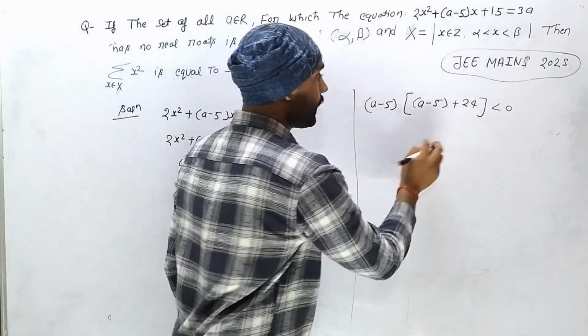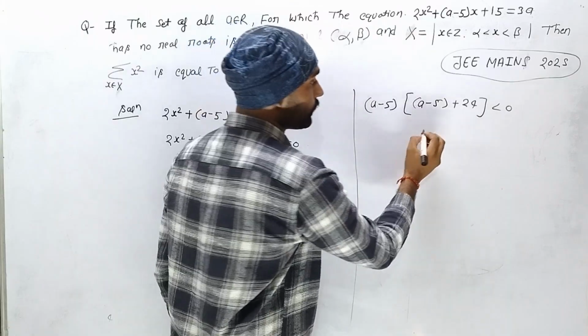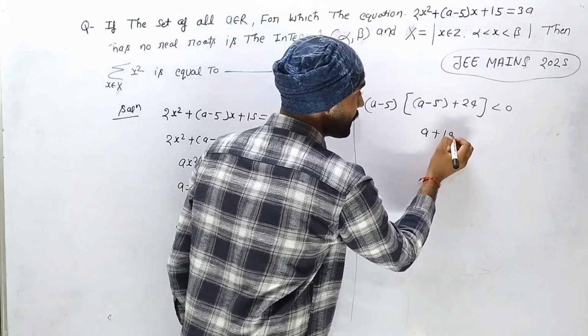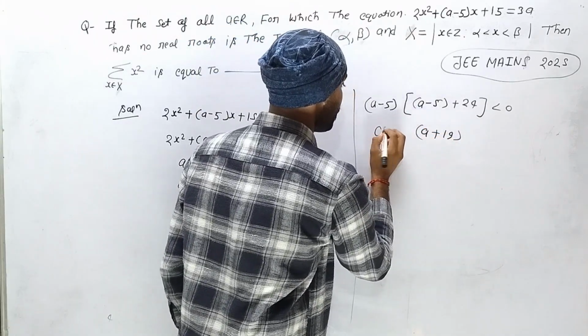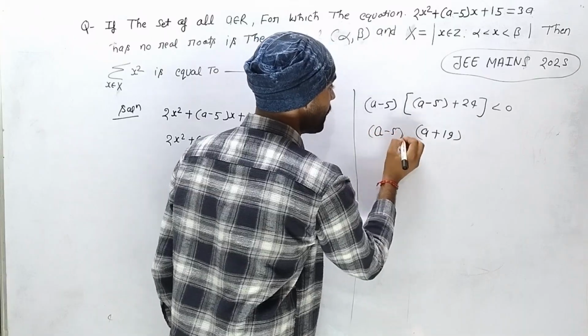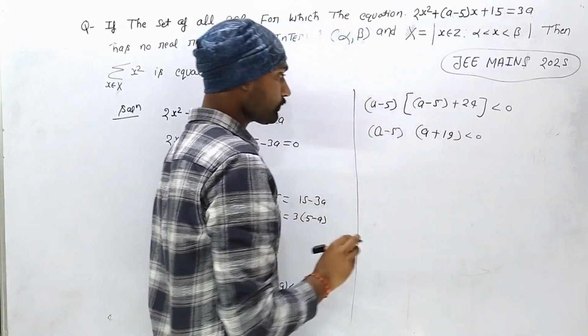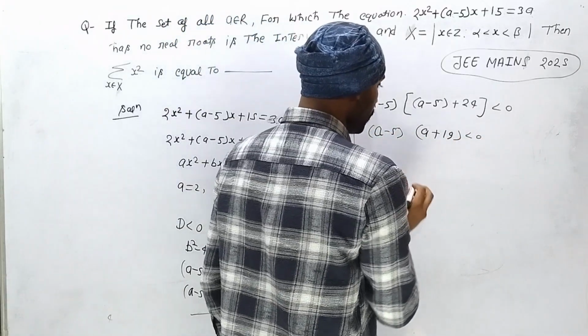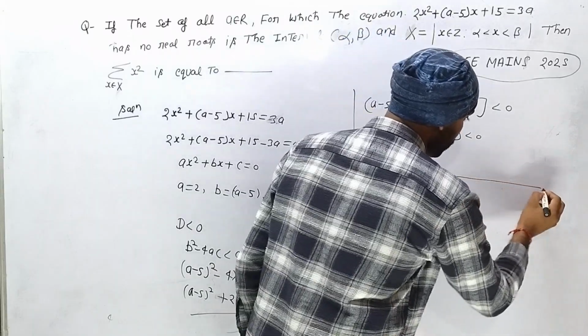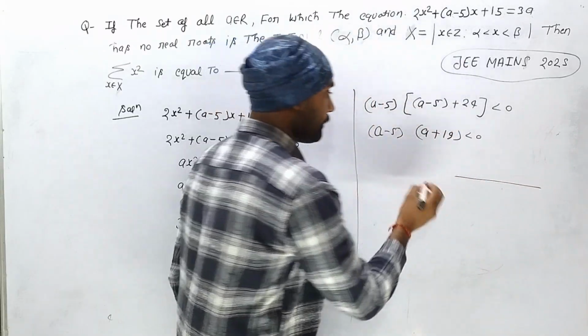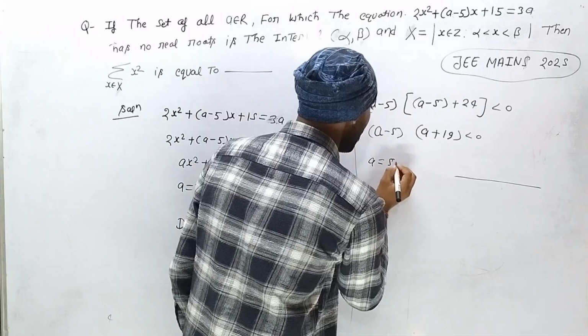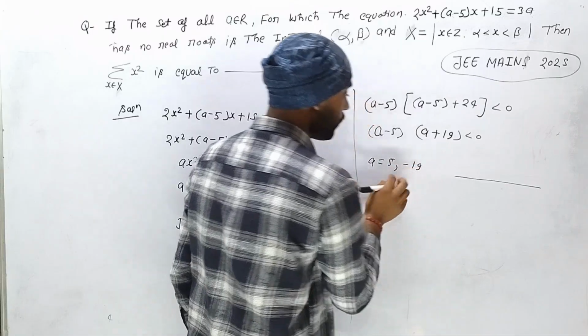If we add, then we get (a plus 19)(a minus 5) less than 0. Then we can represent it on the number line: a equal to 5 and a equal to minus 19, we get two values.